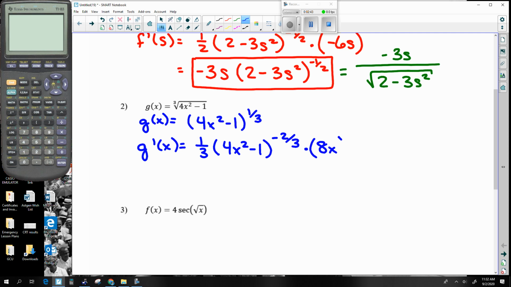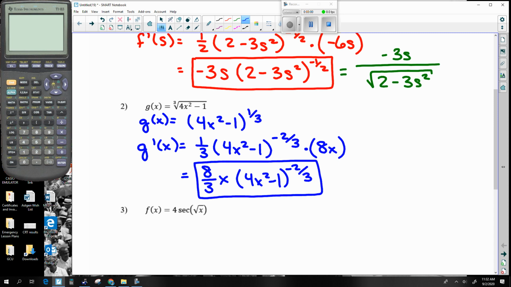So that's 8x. Simplifying this, this will be 8/3 x, 4x squared minus 1 to the negative 2/3. Okay, again, I'm okay with that guy right there.